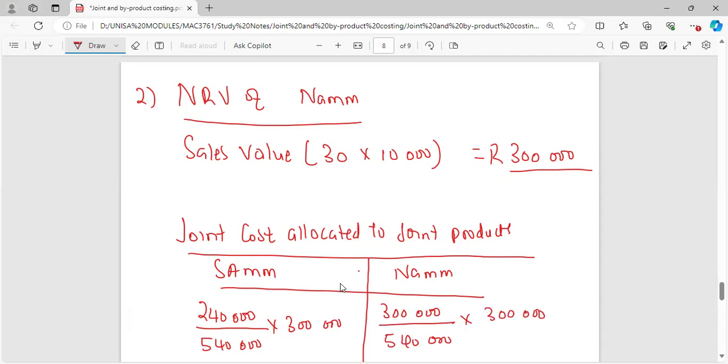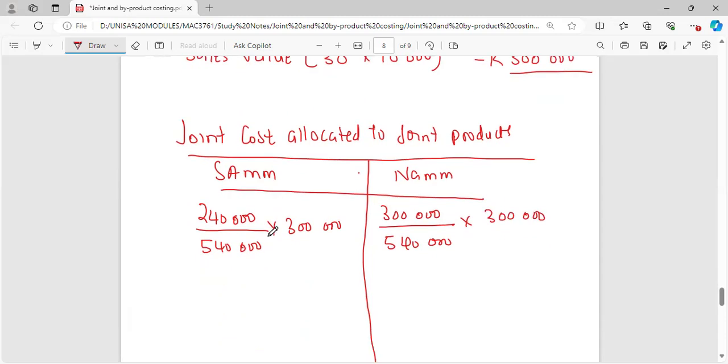So when you have a net realizable value allocation method, the only thing that you need to calculate is the net realizable value. Once you have the net realizable value, the joint cost, remember I said the first thing is the joint cost. You need to have which are the joint costs that I'm going to allocate to the joint product.